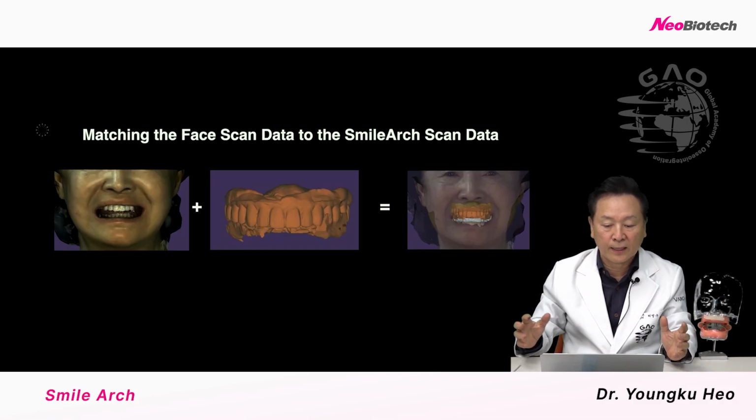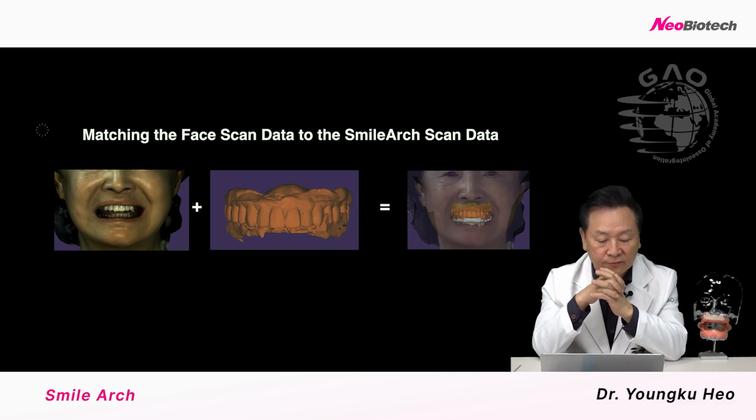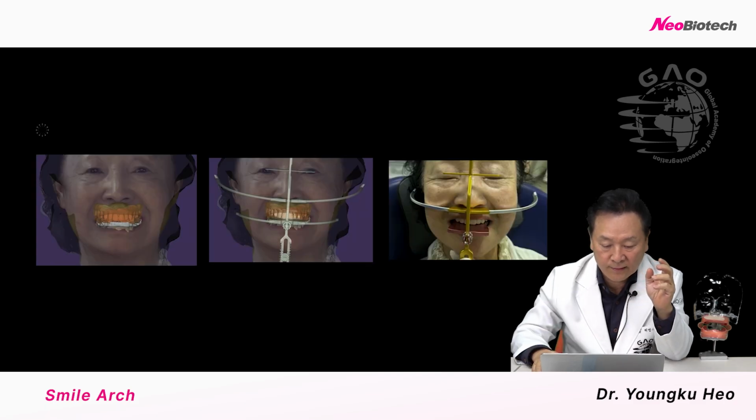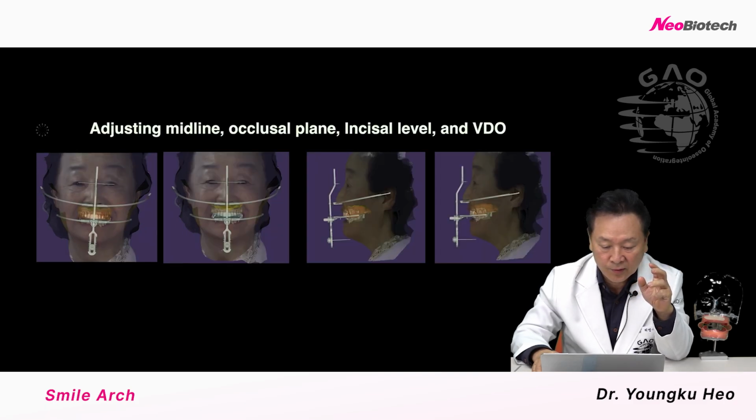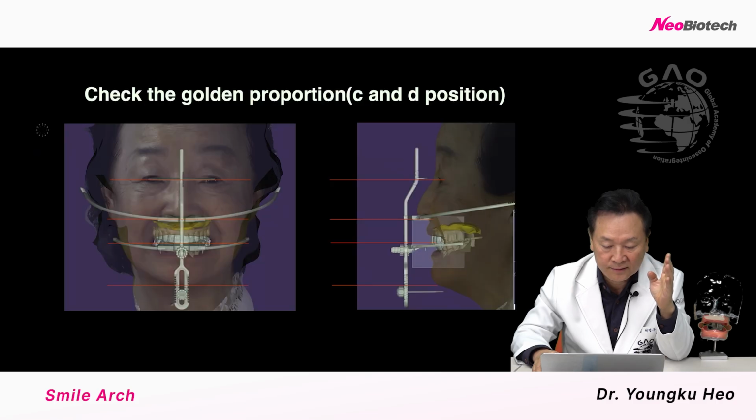So we match all the information from the face scan data to the SmileArch scan data. From this, we can see everything in the computer, like the smile line, occlusal line, occlusal table, midline, vertical dimensions, everything.